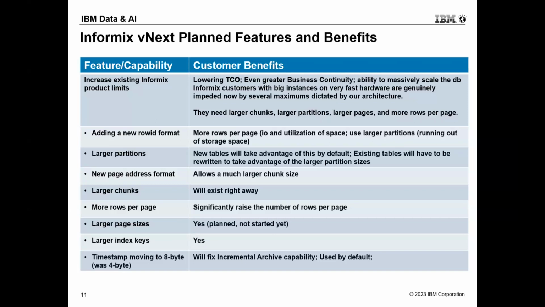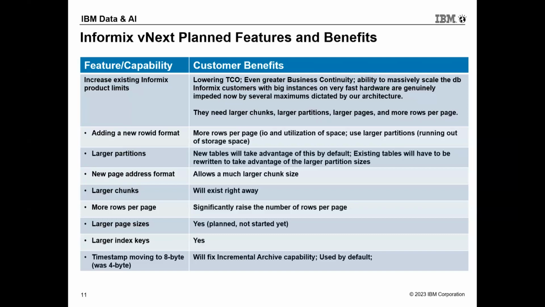Larger partitions. The new tables will take advantage of this by default. Existing tables will have to be rewritten to take advantage of larger partition sizes. There's a new page address format allowing for a much larger chunk size. Larger chunks will exist right out of the box.